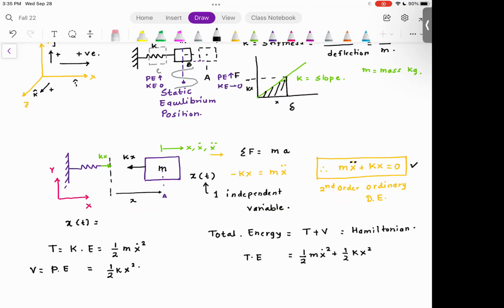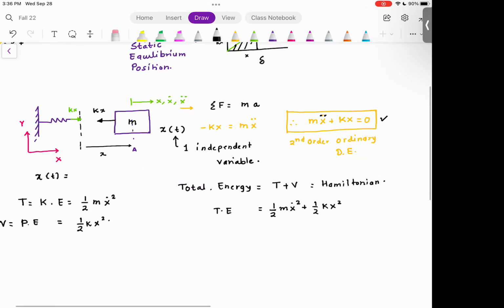If my total energy is constant, and I take the time derivative, which means the rate of change of energy with respect to time, it will be zero because the energy is constant. Everyone agrees? This comes from the physics of the problem. I didn't invent this. So what I'm going to do is take the derivative of total energy, d by dt of total energy.